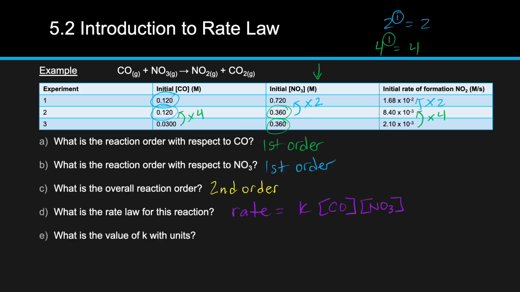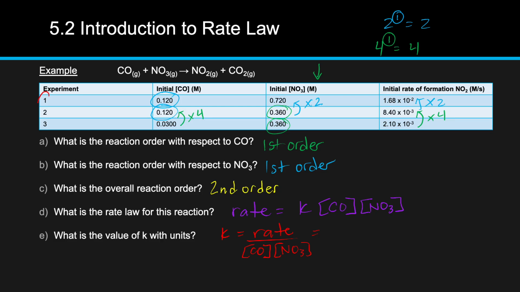So now if I wanted to solve for K, I need to reorganize this equation. So then I will have K is equal to rate divided by the concentration of CO times the concentration of NO3. And now I can pick any one of these experiments to use the data to plug into this equation.